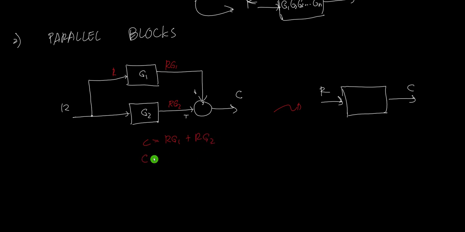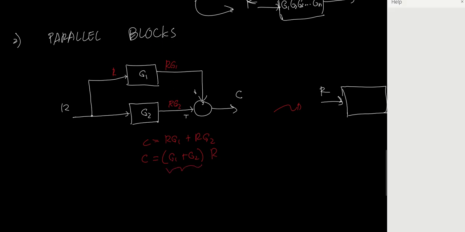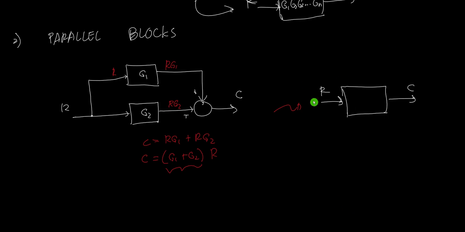Here we can factor out that R, so this will be G1 plus G2 times R. And look at that. This part here will be our transfer function. So in this case, the transfer function of this block will be just equal to G1 plus G2.